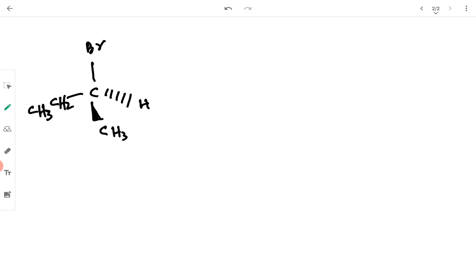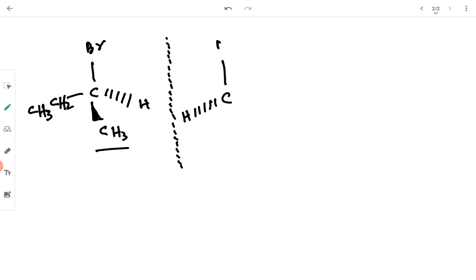This is 2-bromobutane. We have shown this three-dimensional arrangement of groups. So if we put a mirror here, its mirror image will be like this. It's very easy to draw its mirror image. This molecule in the mirror will look like this.